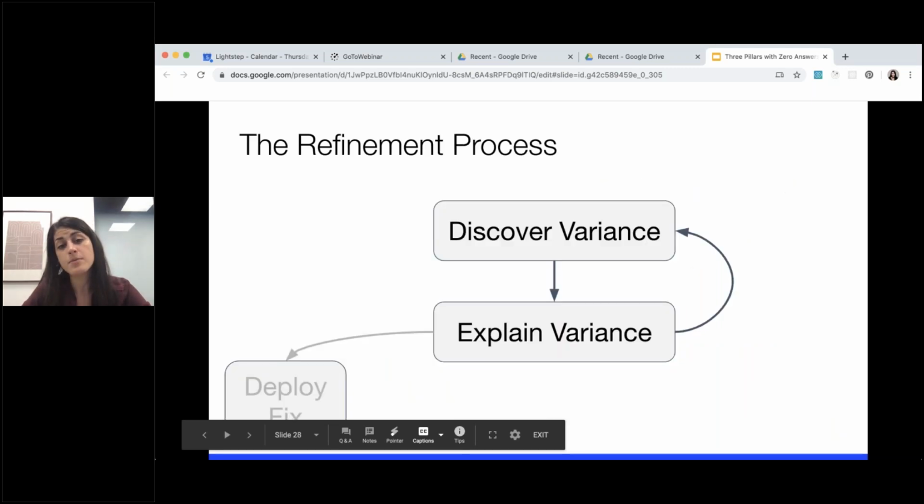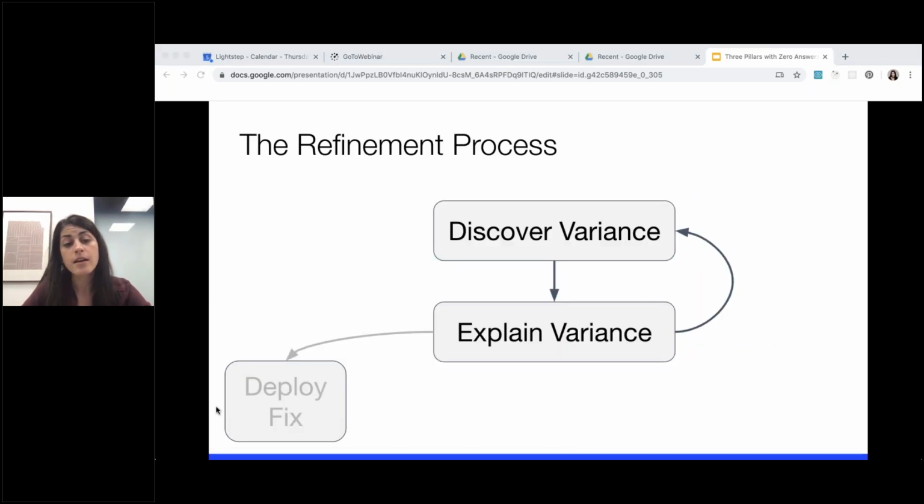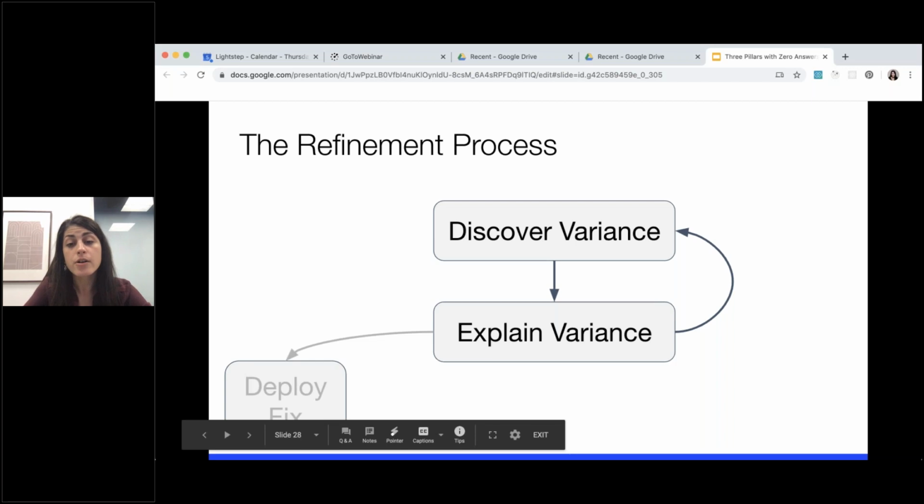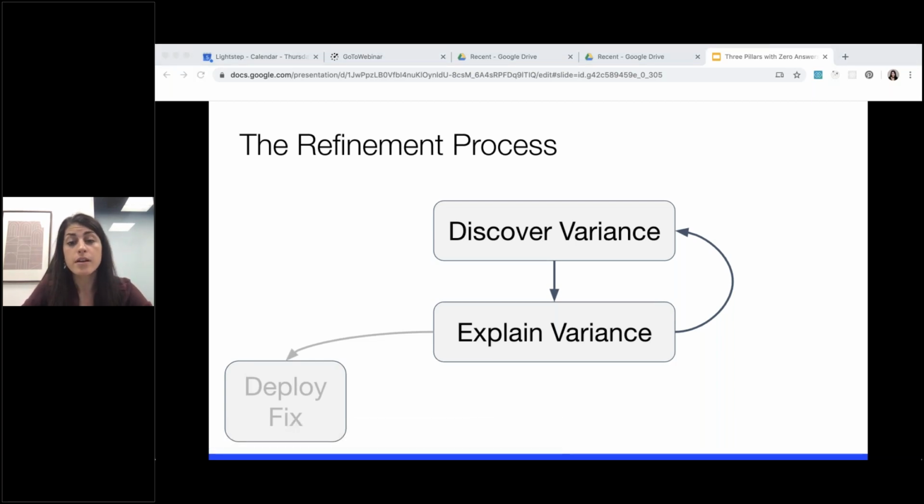So here's what the refinement process usually looks like. Typically, you discover a variance in your system. This could be an increase in error rate, for example, and then you go and try to explain the variance with observability tools. This usually takes the form of identifying new variants, which you then have to explain again.